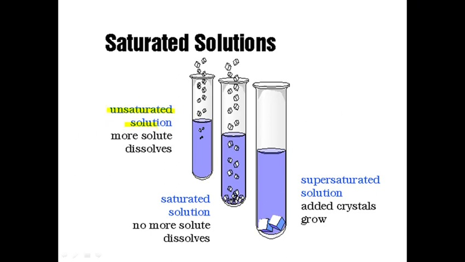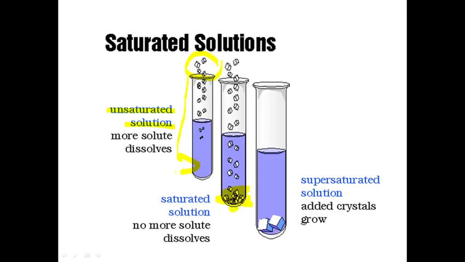Now you see here in the unsaturated solution, most solute dissolves. However much is put in, you will not see any molecules down here. All are mixed, all are dissolved. But in this case, the saturated solution, the sugar or salt that has been added starts getting deposited here, not dissolving.